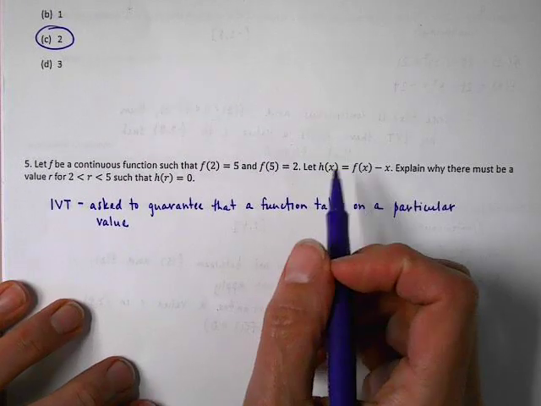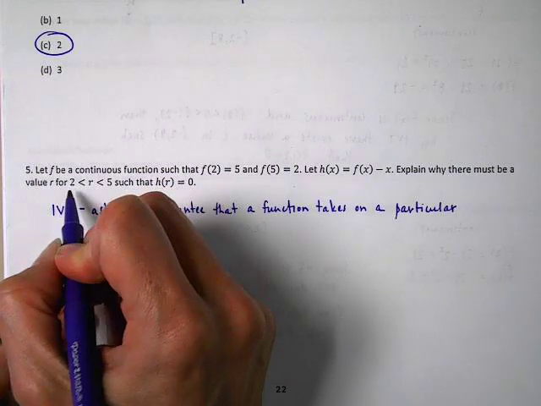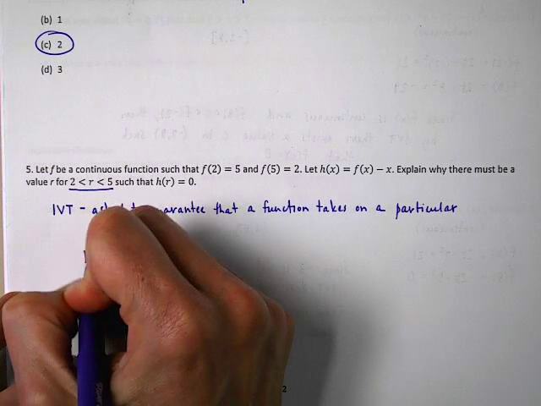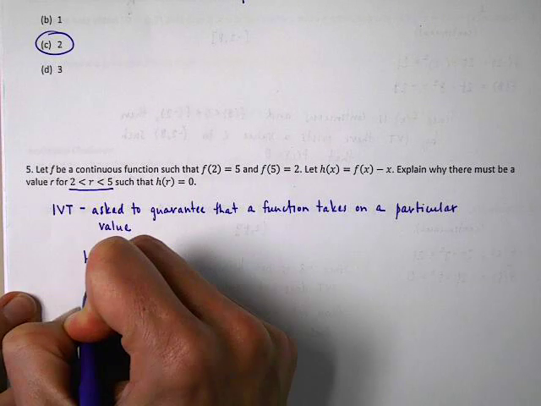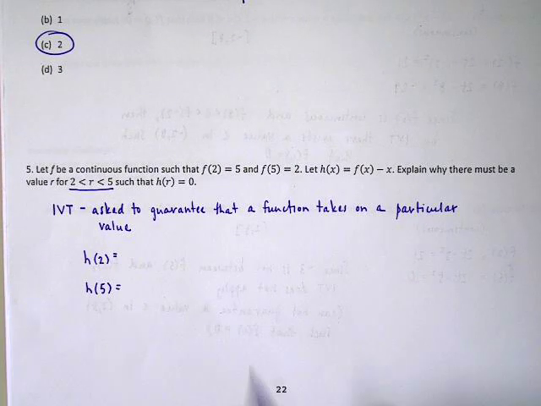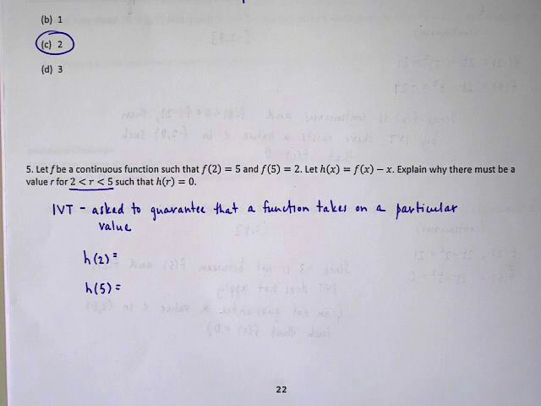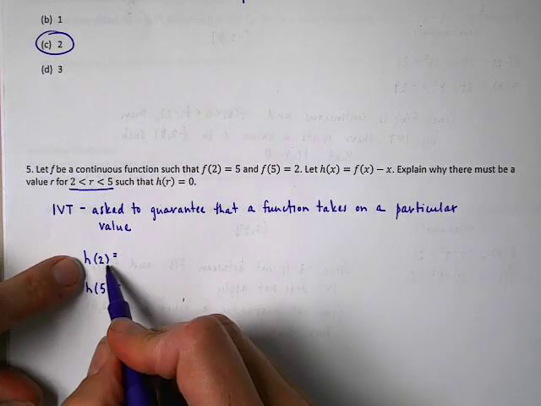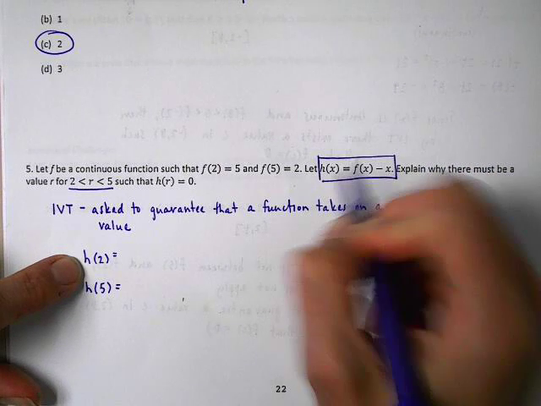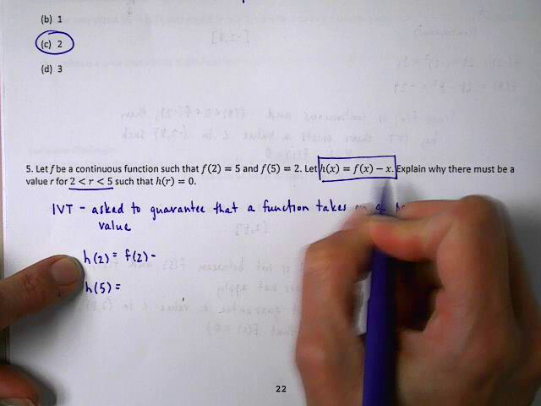Now, I also know that I have to take my function h and evaluate it at the endpoints of this interval. So I need to determine what h of 2 is and h of 5. And I know I can only guarantee this value exists if 0 is in between these two function values. So h of 2, if I'm looking at my definition here, is going to be f of 2 minus 2.